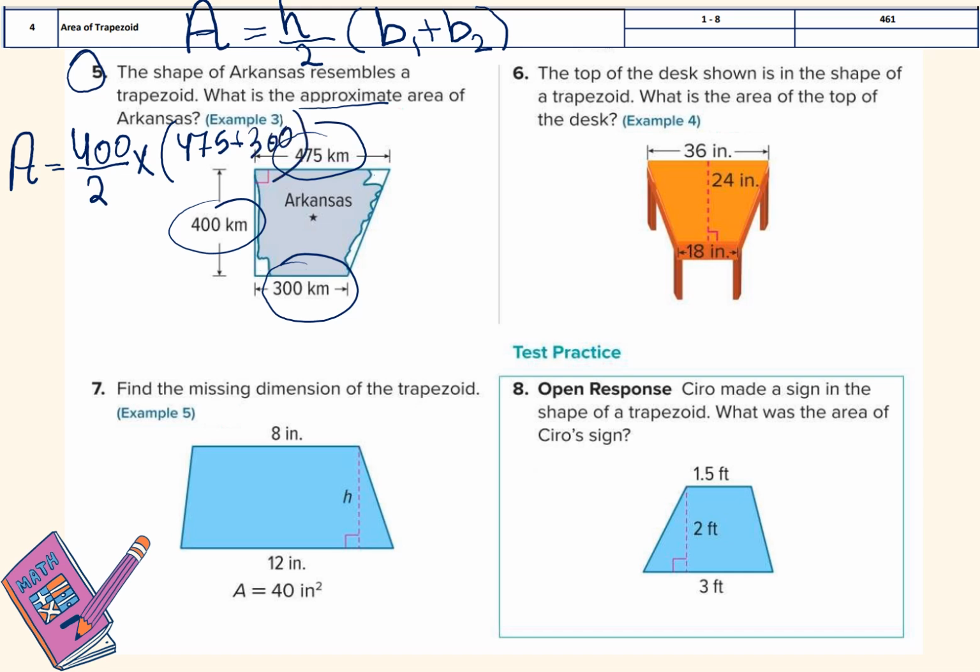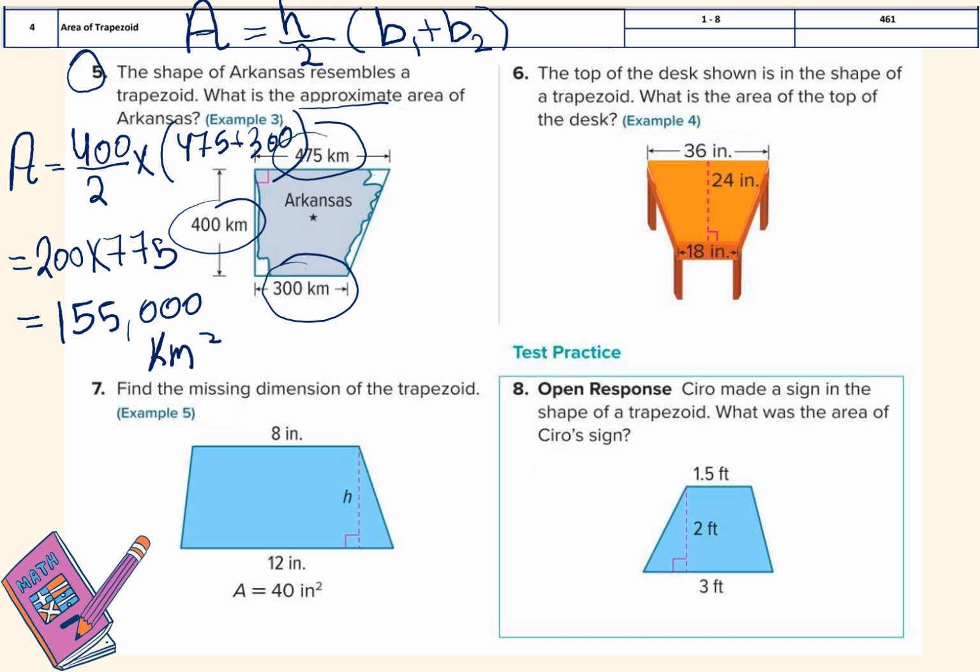Let's start by adding what is inside the parentheses. I can also directly divide 400 by 2, which is 200, times. If you add what is inside the parentheses, you're going to get 775. Multiply these two numbers, and you're going to get 155,000 square kilometers.